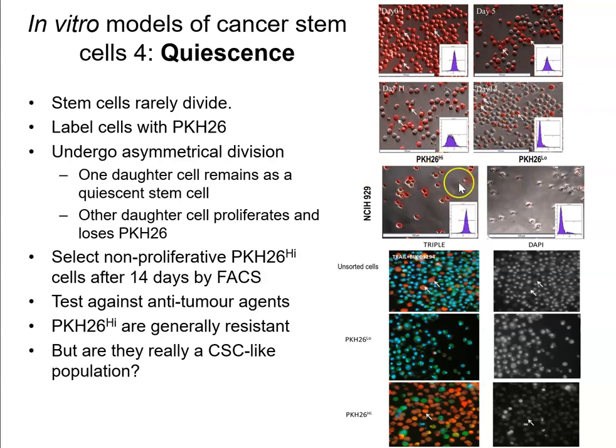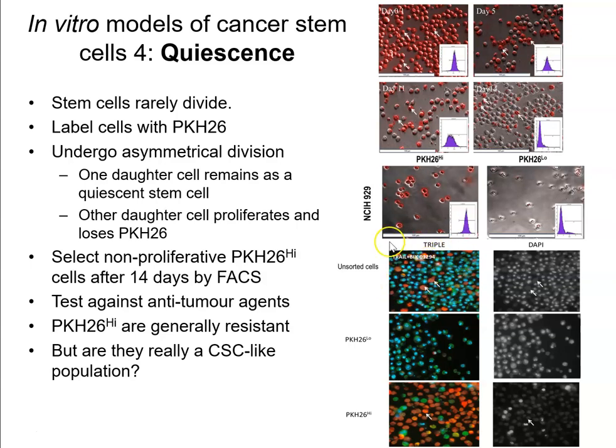These are the PKH26 high, these are PKH26 low, and then we study how they respond to drugs, and they behave very, very differently. So these are some cells from our multiple myeloma studies that we've recently done, and these are unsorted cells, and they've been treated with a drug combination, TRAIL and BIX01294. That's a histone methyltransferase inhibitor.